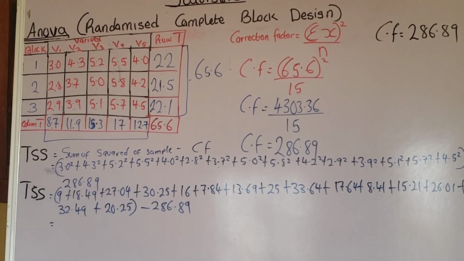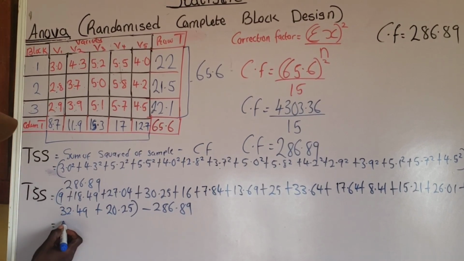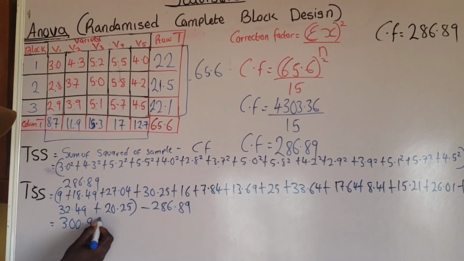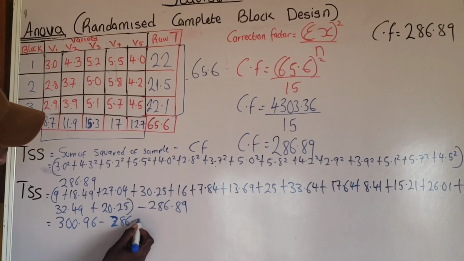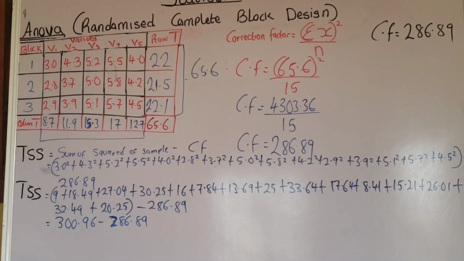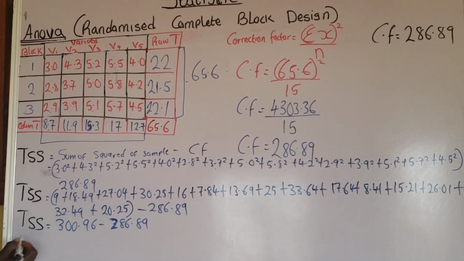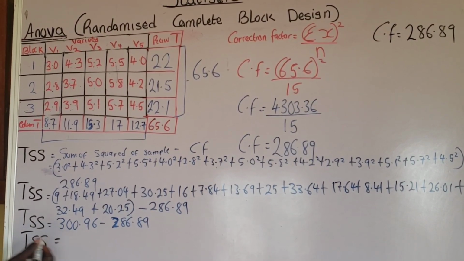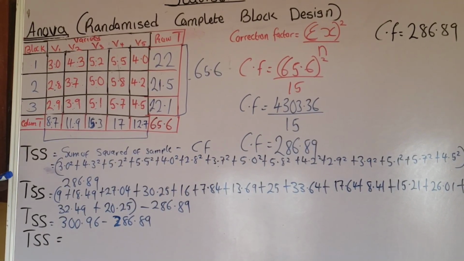all this value, that is 300.96. Let me just put it like that. 300.96 minus 286.89. Okay? The total sum of squared is equal to this. So the total sum of squared is equal to 300.96 minus 286.89.